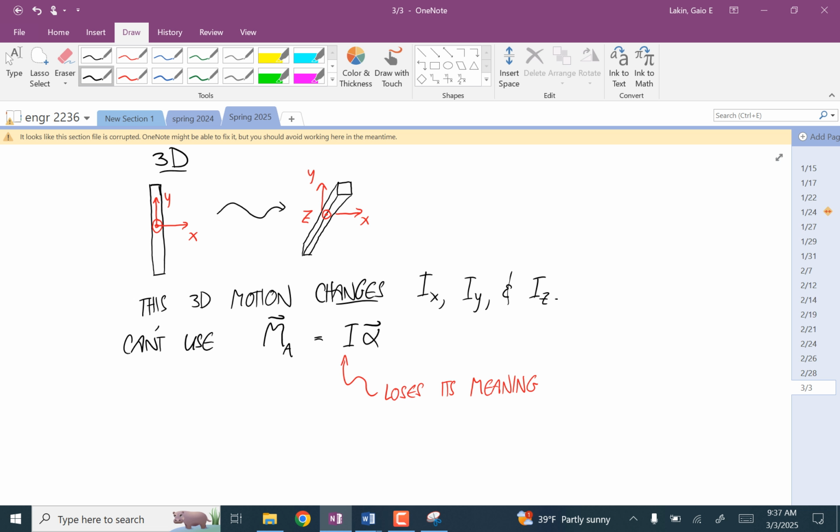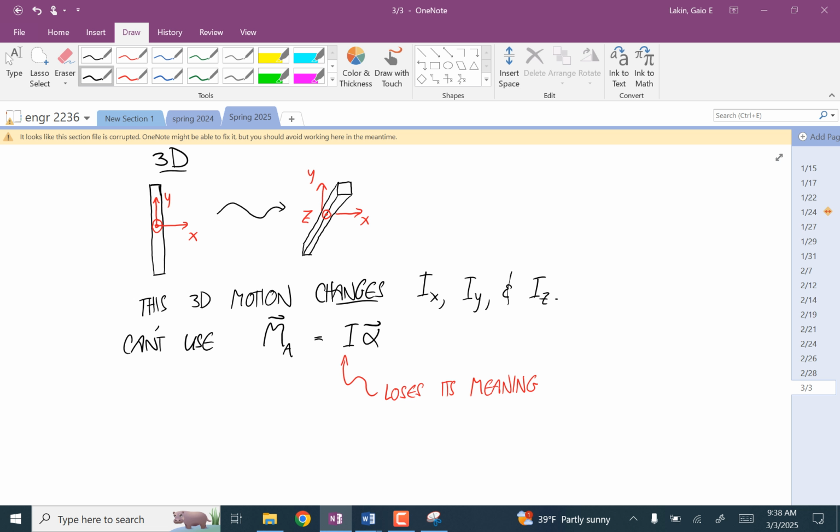Anybody have any questions about that? I mean, if you don't care, that's fine. But just remember that we're pretty much just doing 2D problems, and this is why. Yep. After rotating in 3 dimensions, it's still only moving in a plane, so why not just orient the coordinate system with that plane?